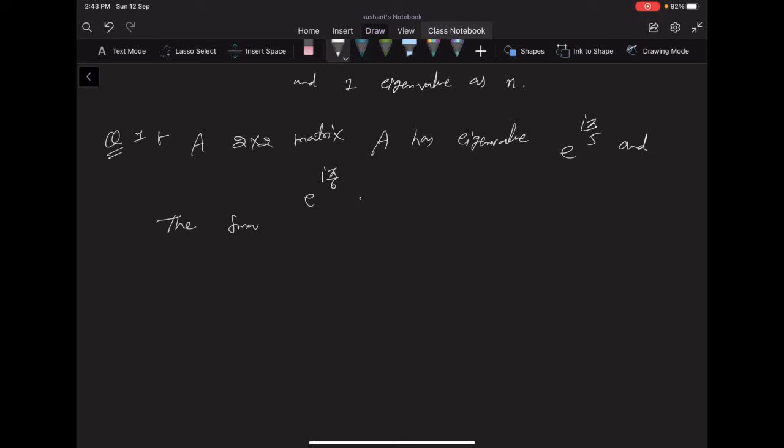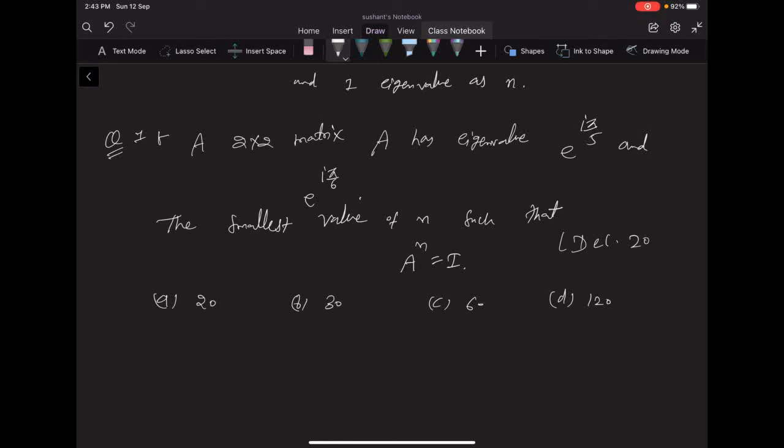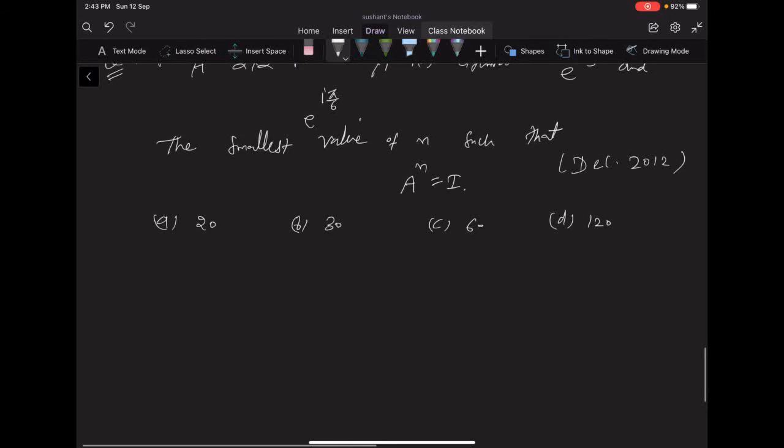So the smallest value of n such that A to the power n equals the identity matrix. The options are 20, 30, 60 and 120. This is from December 2012 NET exam.